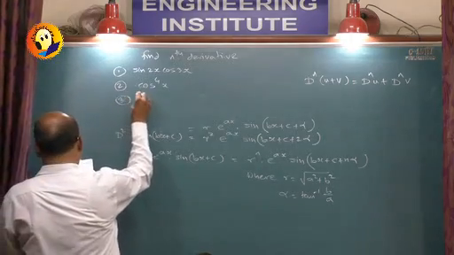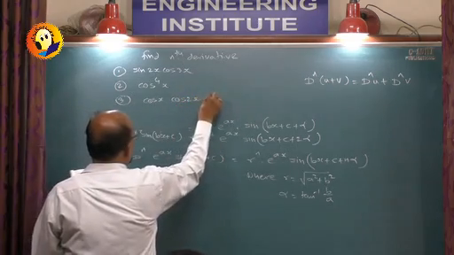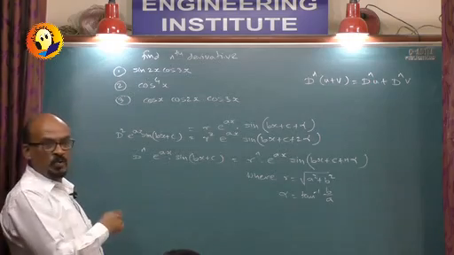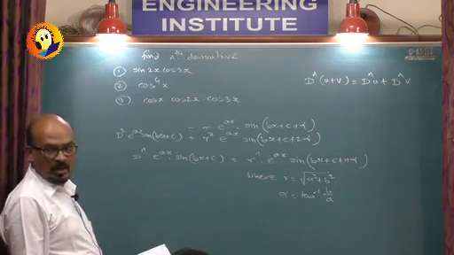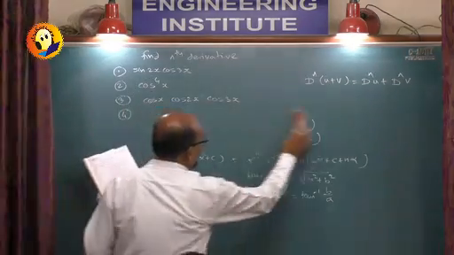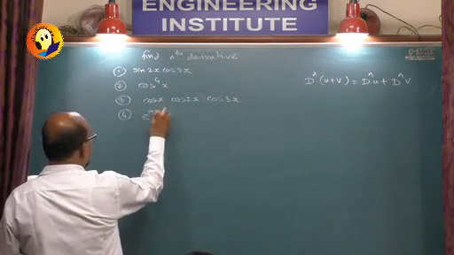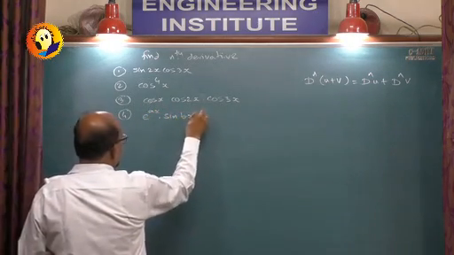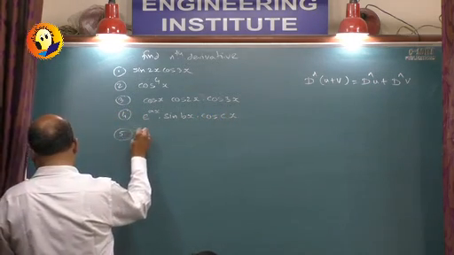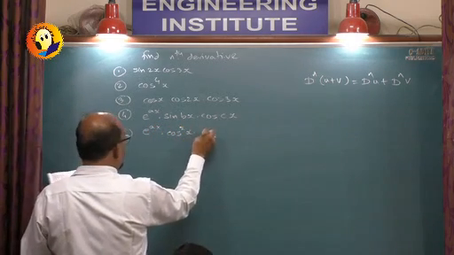Third one is cos x into cos 2x into cos 3x. Again 2 cos cos, multiply, again 2 cos cos, so there will be 4 terms and solve. Fourth, it is e raised to ax into sine of bx into cos of cx. Fifth, e raised to ax into cos square x into sin x.